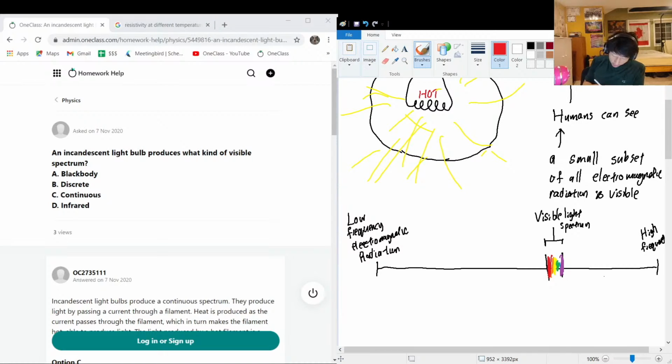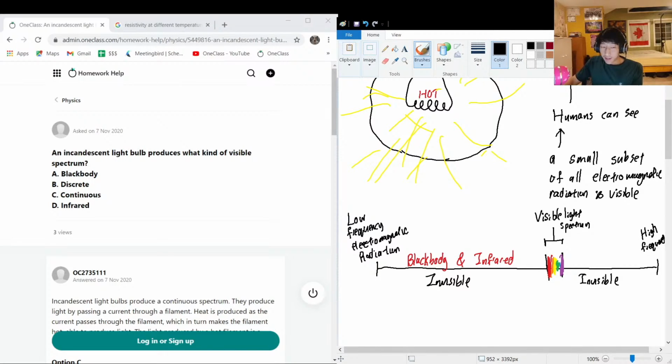So over here in the invisible region, we have black body and infrared. These are invisible. I feel invisible.